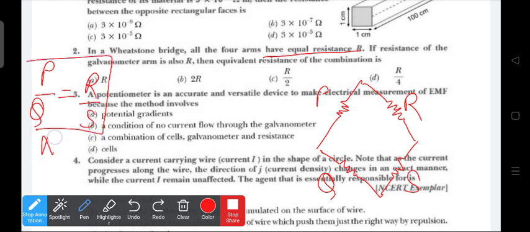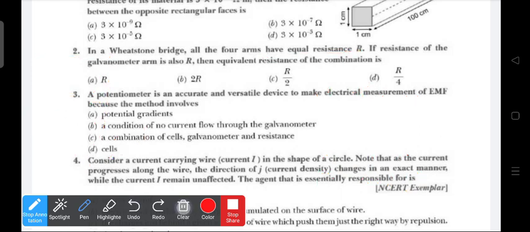Under the null point condition, because at null point there is no current through the galvanometer arm, so it behaves as an open circuit. Got the point? So in a Wheatstone bridge, all the four arms have equal resistance R. If the resistance of the galvanometer arm is also R, then the equivalent resistance of the combination will be.